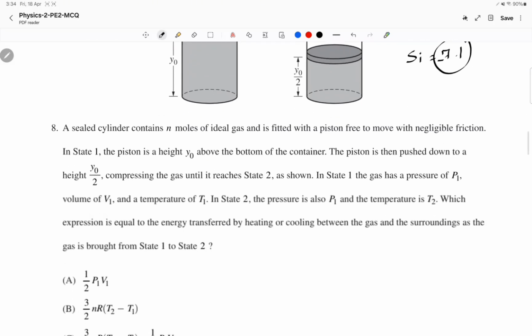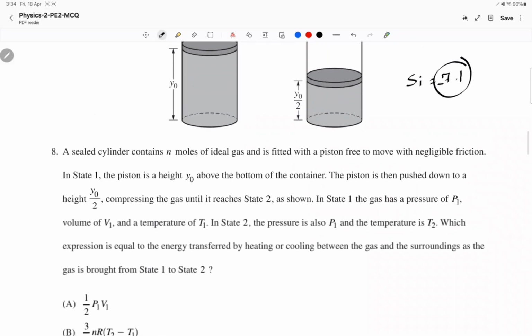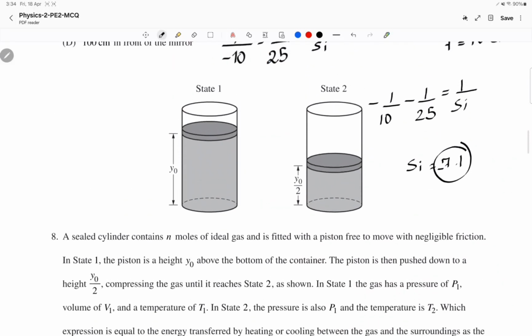Okay, 8. So here we are going from a volume whose height is YO to a volume whose height is YO over 2. So what happened to the volume? It became less, correct? It did decrease.